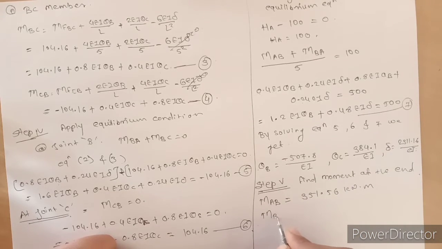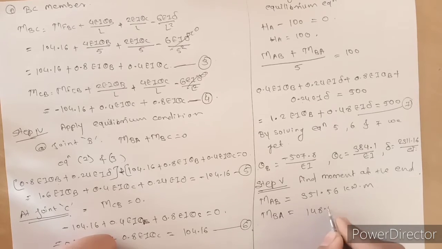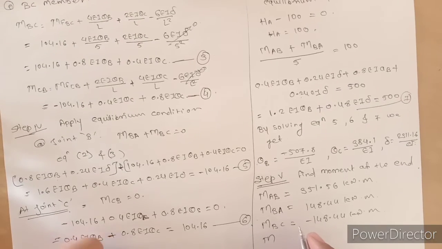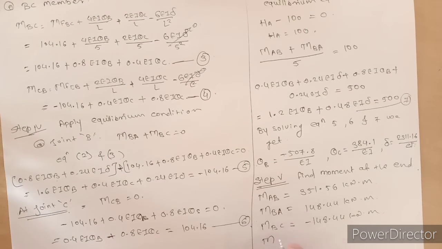Similarly, the end moment at member BA is 148.44 kilonewton meter. The end moment at member BC is minus 148.44 kilonewton meter. And last, the end moment at member CB is equal to 0.